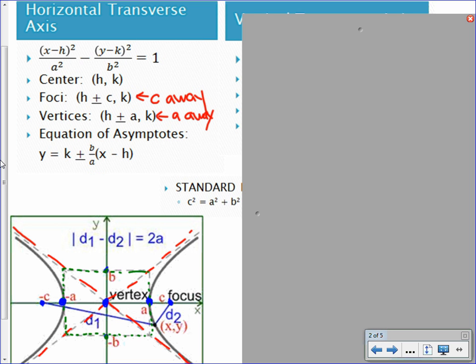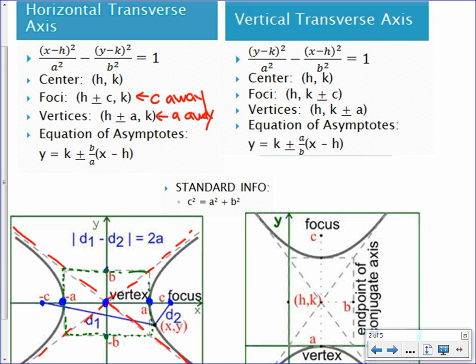Okay. I like the change of variables there. When we have a vertical hyperbola, our y squared is positive. The x squared is the one that's being subtracted. Notice how A stays with the positive variable.